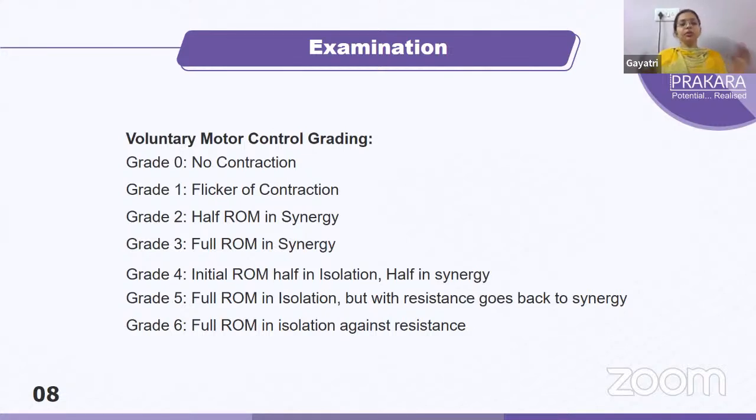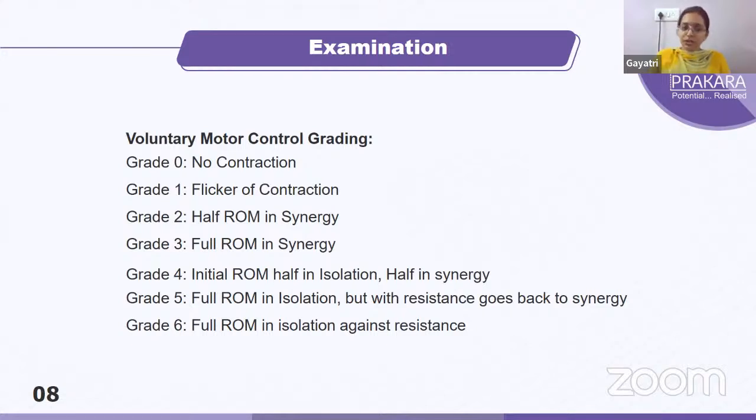Those who do not come to you with spasticity are paresis. They have a separate set of tests to be done. But even in them, you will have to test for voluntary control grading. This has 6 grades, which will denote the level of spasticity, if the spasticity has been broken or not.